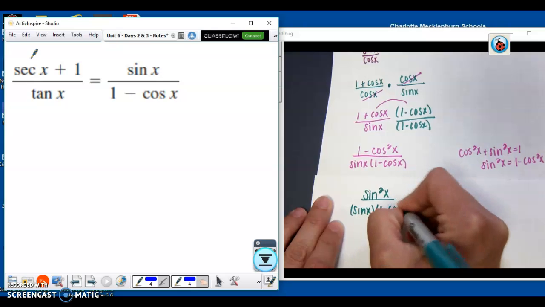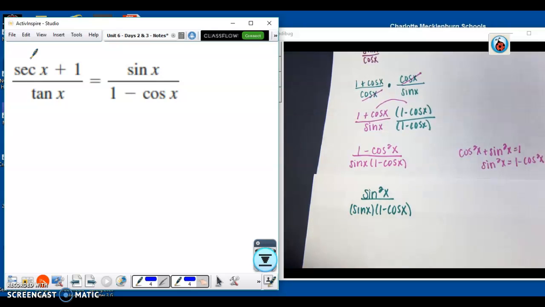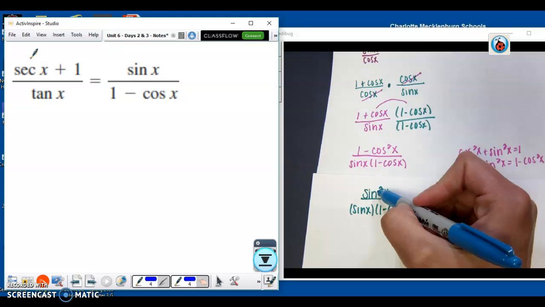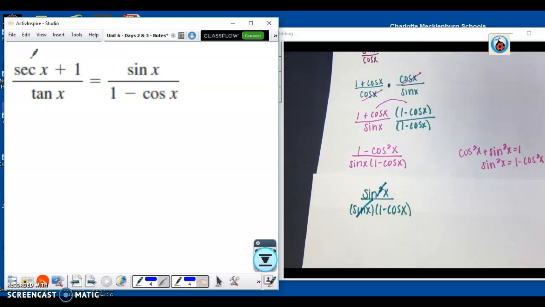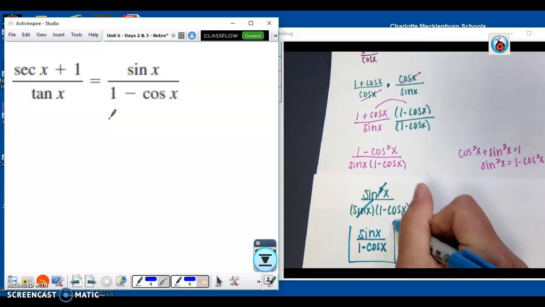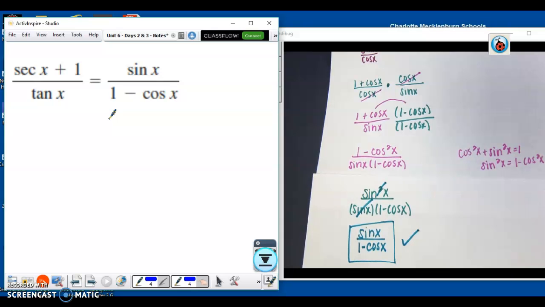Keeping the denominator the same. Alright, so look, this is what happens. We can cancel out the sine squared x and just make it sine x in the numerator. And then the denominator we have 1 minus cosine x. So, that is exactly what we needed this to be. So we have finished with this trig identity.